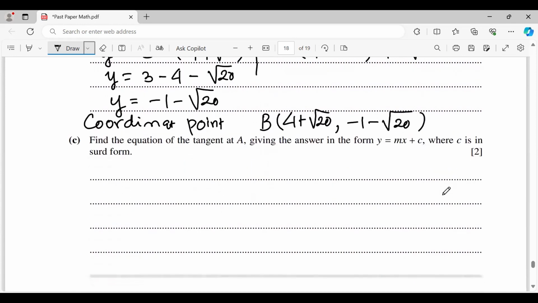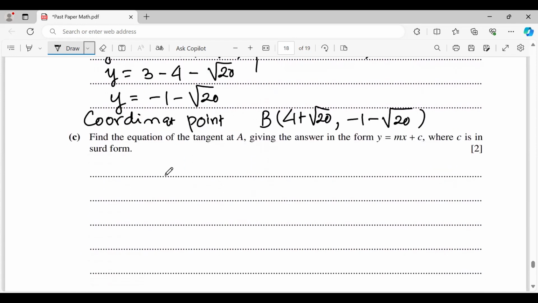Next. C, find the equation of the tangent at A, giving the answer in the form y equals mx plus c, where c is in surd form, right?